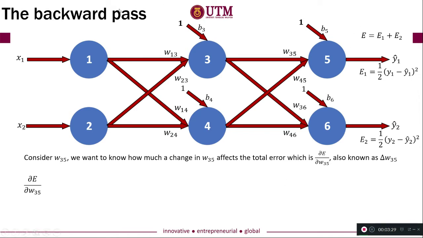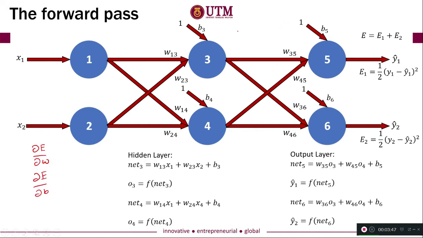When we talk about the backward pass, it must start at the last layer, the output layer, and go towards the input layer. That's why we start from this layer. In the forward pass, the direction goes the other way, so we start at the input layer.